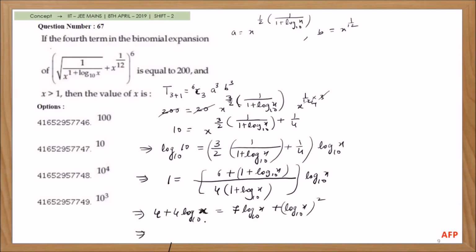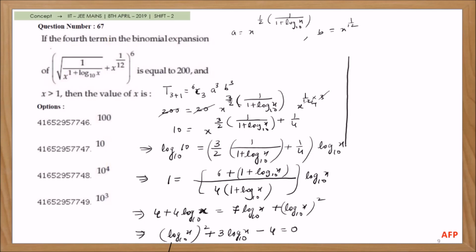Now we will write first this term, log x to the base 10 whole square, 4 log x to the base 10, I will send it to the other side, it is plus 3 log x to the base 10. 4 if I send it here, minus 4 is equal to 0.